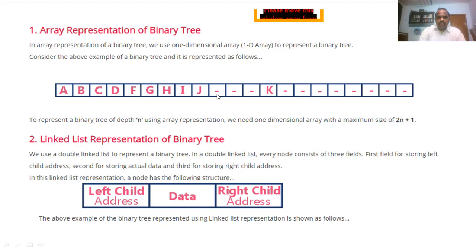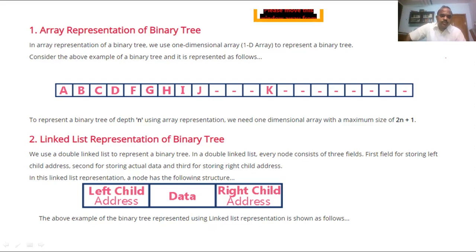Then these are the null nodes. To represent a binary tree of depth n using array representation, we need a one-dimensional array with a maximum size of 2 to the power of n plus 1.